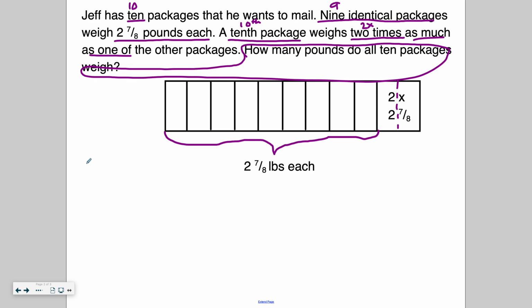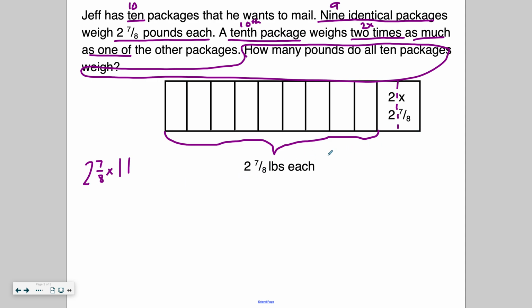So what I can do is 2 7/8 times 11, because now I have 11 boxes. So to clarify, I could have done 2 7/8 times 9 to figure out all of these, then 2 7/8 times 2 to figure out this last piece, and then add that all together.